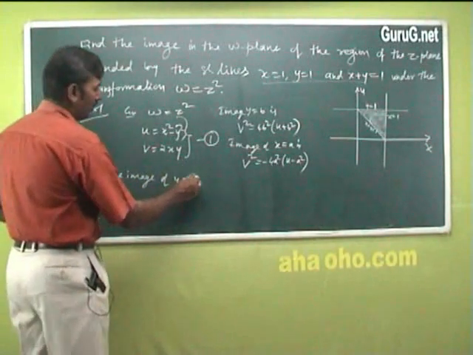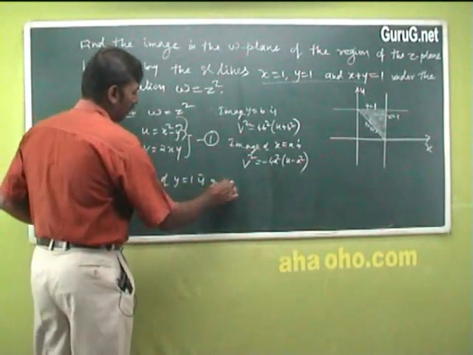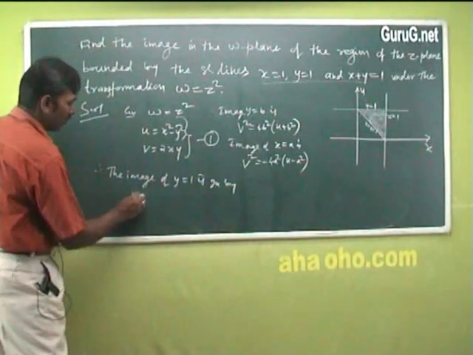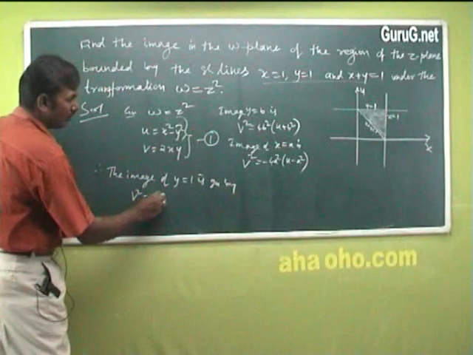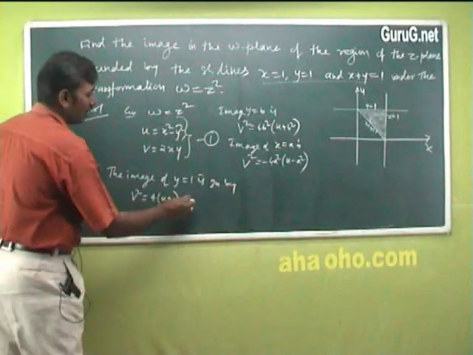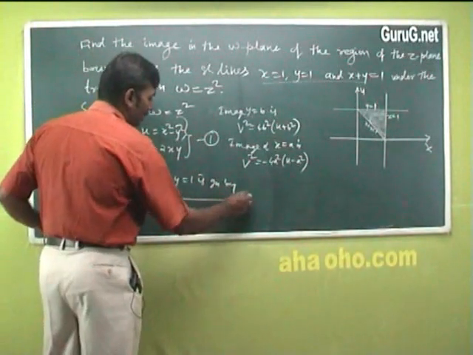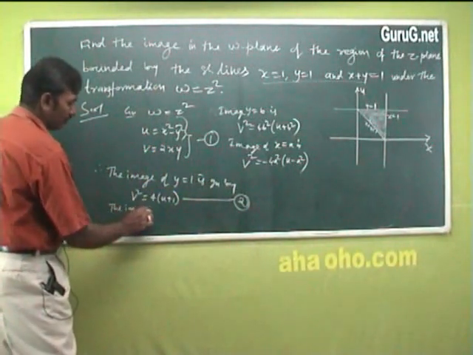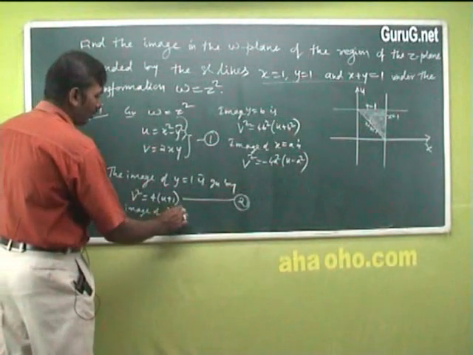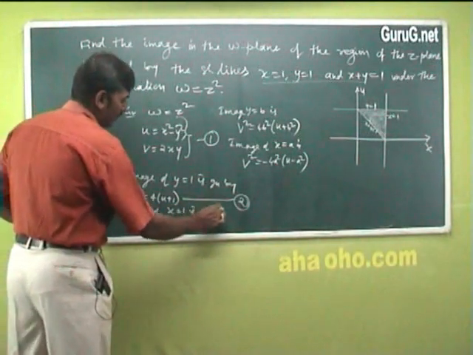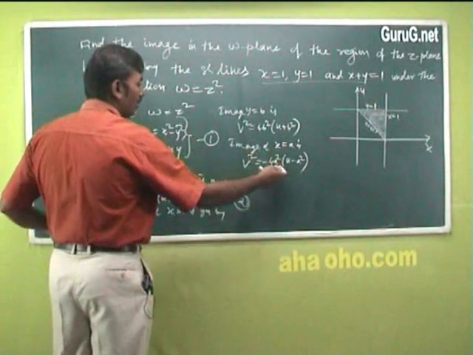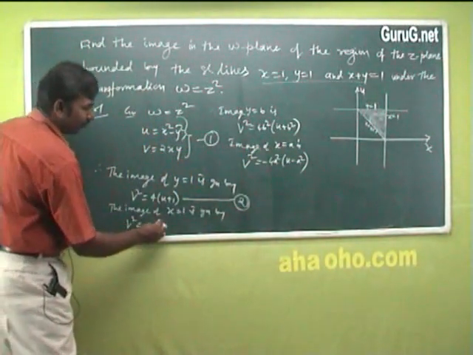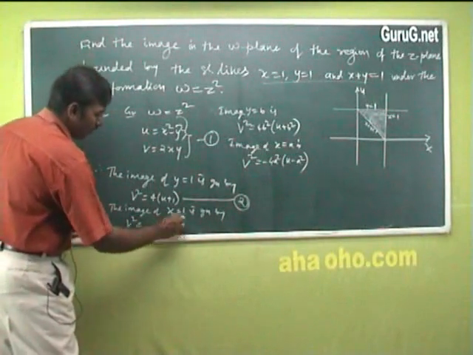Therefore the image of y equal to 1: we can replace b with 1, so you get v squared equal to 4 into u plus 1, right? Take this as equation number 2. Similarly, the image of x equal to 1: substituting a equal to 1, we get v squared equal to minus 4 into u minus 1.